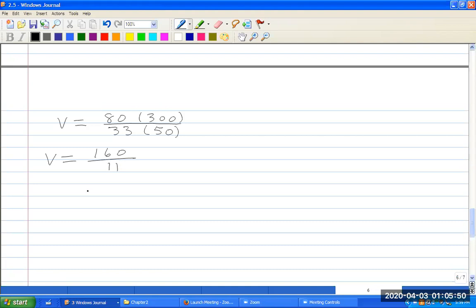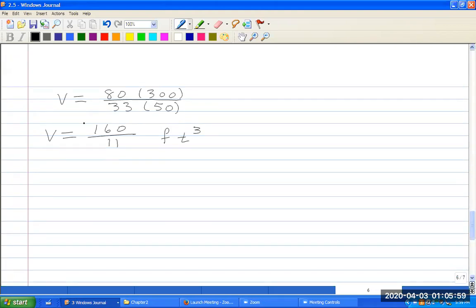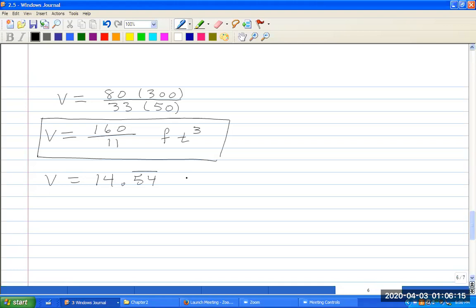And so your volume is 160 over 11 cubic feet, or let's actually divide this out. So it's about 14.5 cubic feet. And so that is the volume.